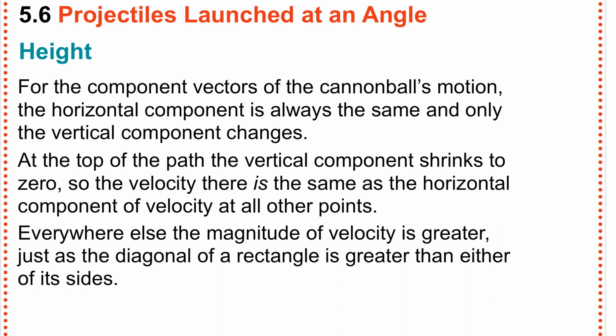So for the component factors of the cannonball's motion, the horizontal component's always the same, and the vertical changes. It's getting faster as it goes down, but if you throw something straight up, it gets slower as it goes straight up. And it's getting slower at the same rate that it's getting faster when it falls.